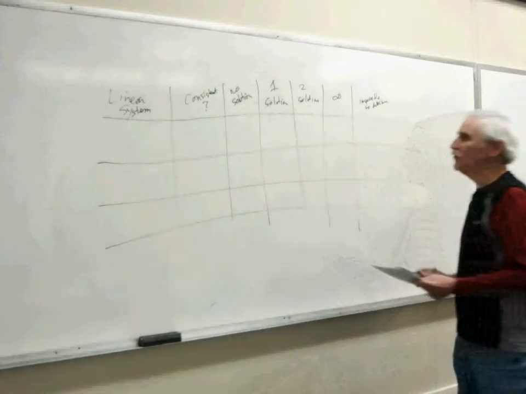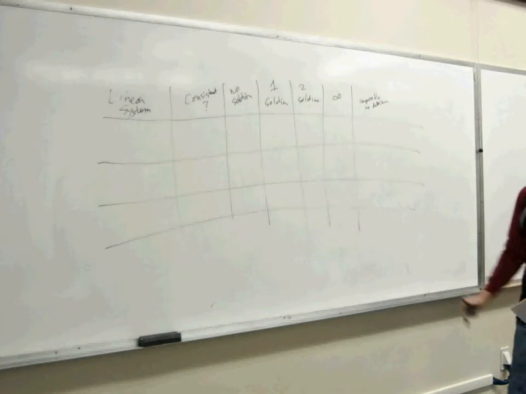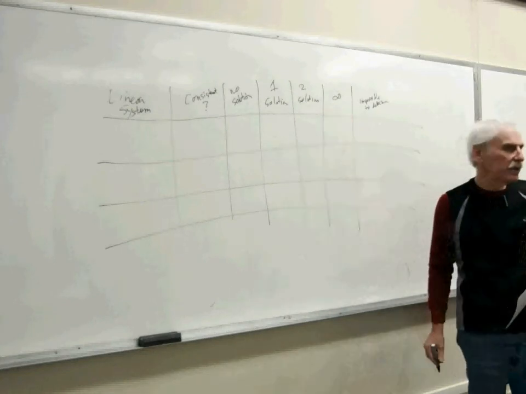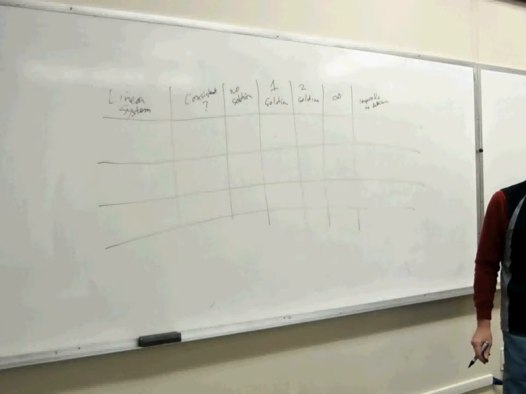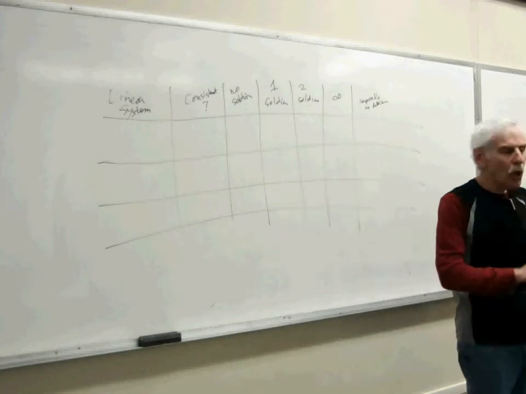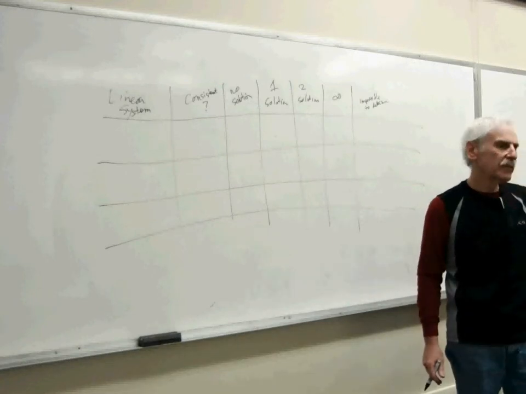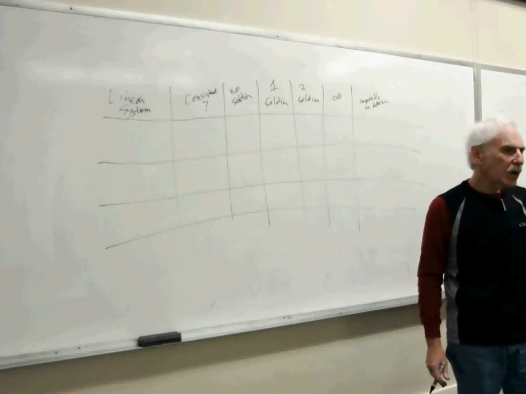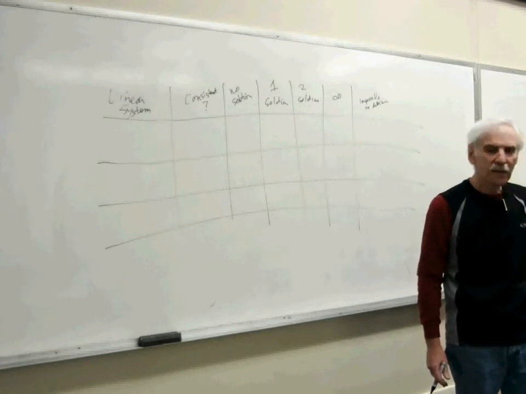Okay, first off, right away, how many linear systems have exactly 2 solutions? Not of the ones I've listed, in the whole world, since the beginning of time. None.